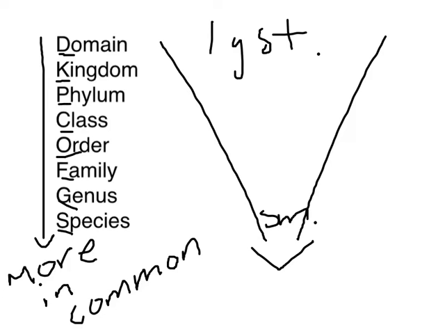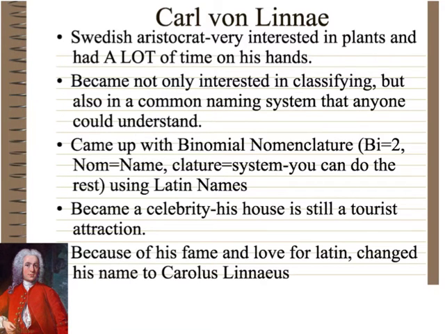But as you go down the list, they all fit in the same domain and kingdom, but then you start losing them at phylum, class, order, family, and then finally down at the bottom, the genus and species is just the things that are in that group. So you get more in common as you go down. Since this is the smallest category, the things in that category have more in common. All right, so that was modern classification.